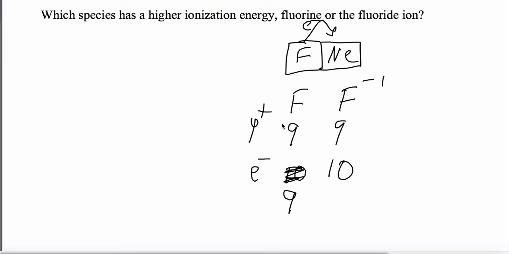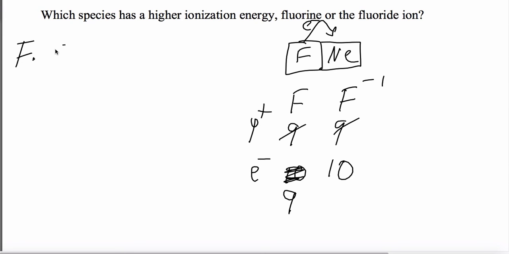Again, it can't be the proton effect because they have the same number of protons. It's shielding. In this case, the F- has more electron-electron repulsion because there's simply more electrons. So which species is it harder to remove the electron from? It's the one that has less electron-electron repulsion, and that's going to be fluorine.